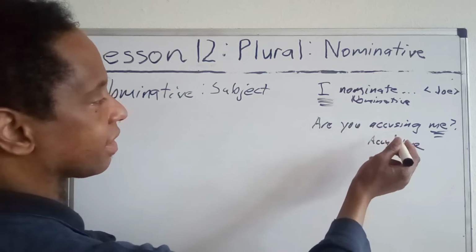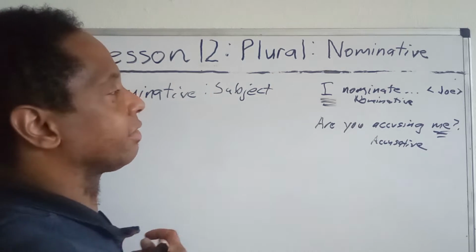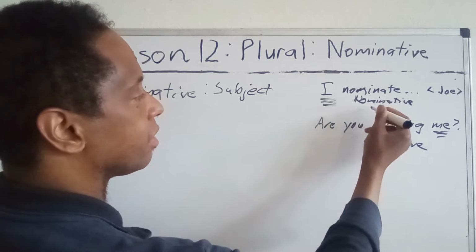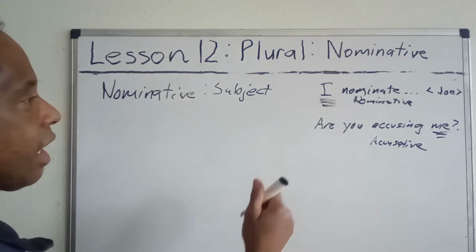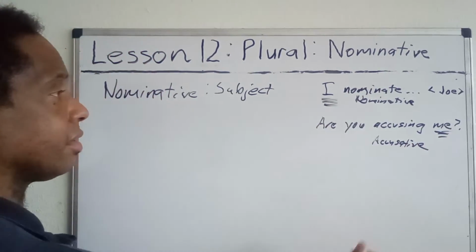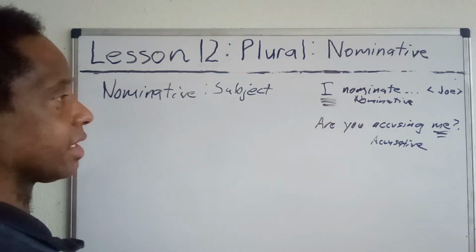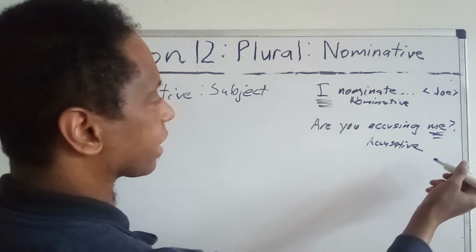You here is the subject, but we're going over me. Remember, we're talking about ourselves to remember the difference between nominative and accusative. I nominate. Are you accusing me? I am the subject, and me is more like the object.